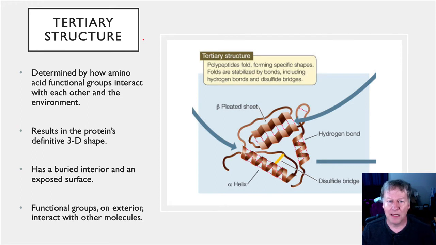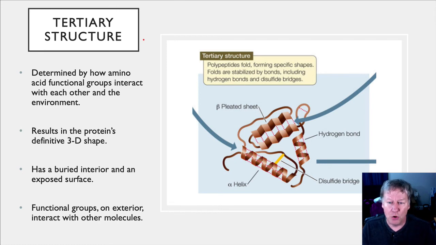So what I mean by that is the R groups, remember we talked before, R groups have positive and negative or polar and nonpolar sections in them. Well, positive and negative R groups are attracted to each other. Positive and negatives attract. And so R groups that are opposite, positive and negative, will be attracted to each other and will actually pull closer together, forming a kind of ionic relationship.